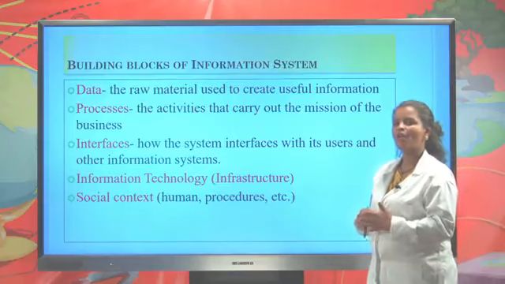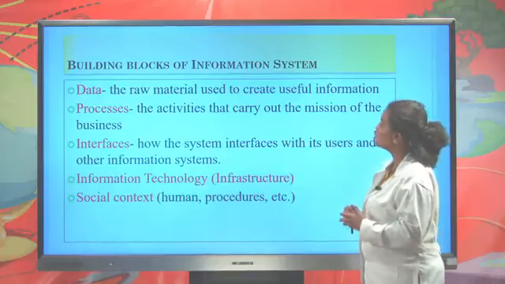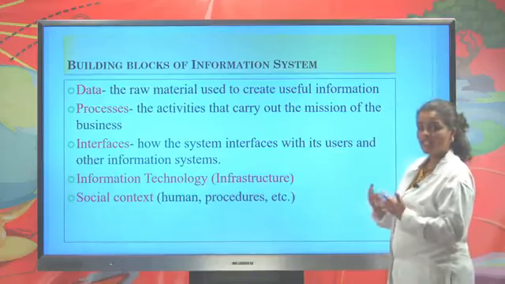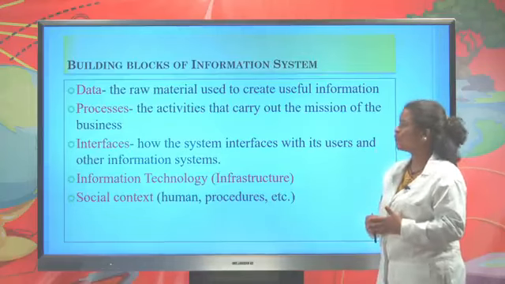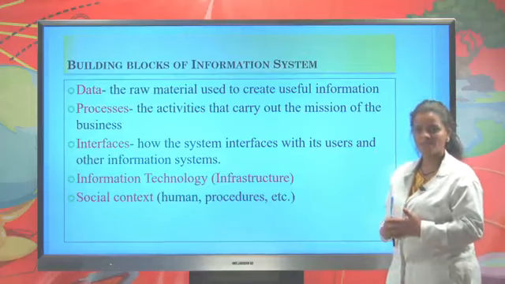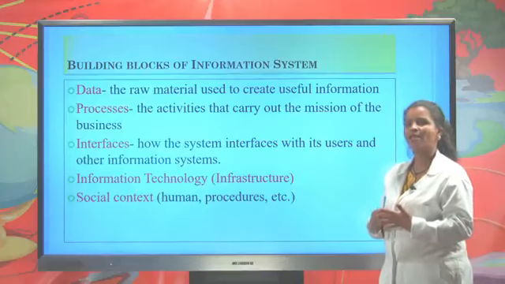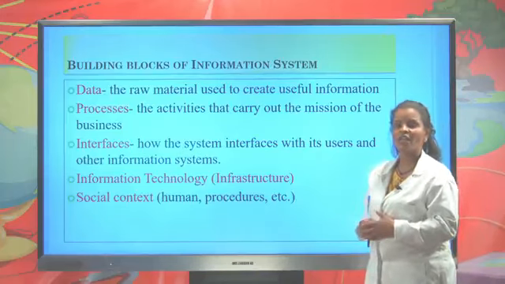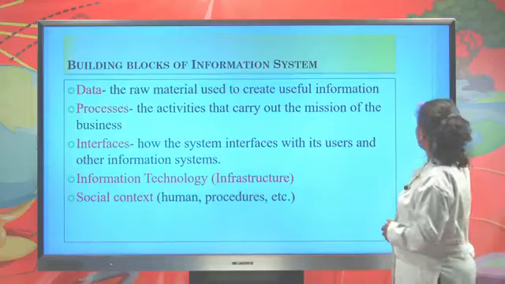Data is the raw material used to create useful information. Process is the activity that carries out the mission of the business. Interface is how the system interfaces with its users and other information systems.